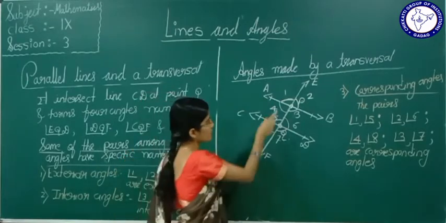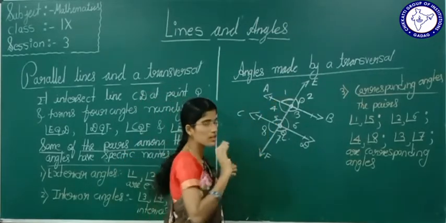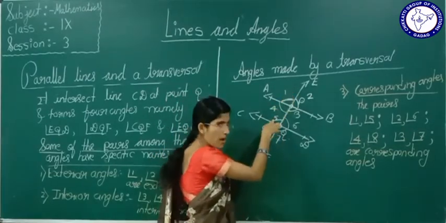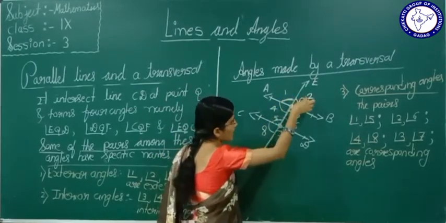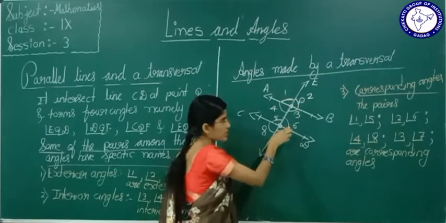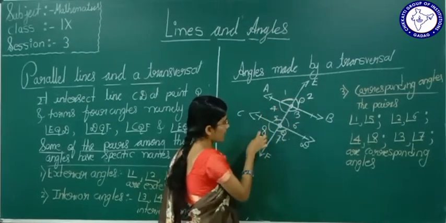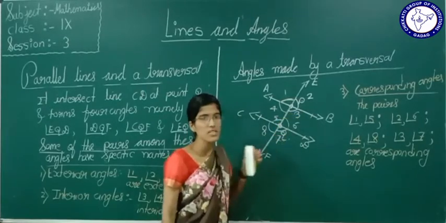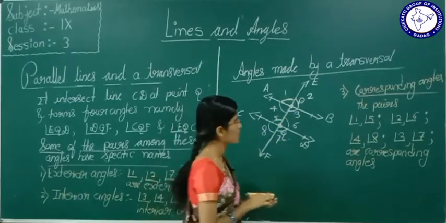Don't take however you want. Angle 1, angle 4 is not a corresponding angle, right? See here, angle 1, angle 5. The pairs angle 2, angle 6, angle 4, angle 8, angle 3, angle 7 are corresponding angles.